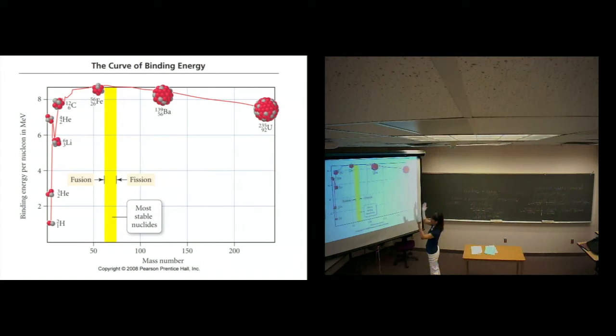If we plotted all of these, we can look and say, wow, the ones at the highest part of the curve are going to be the most stable. The most stable are in this range here with our nuclei right there. If you're bigger and not as stable and you want to go towards stability, then you're going to have to what?